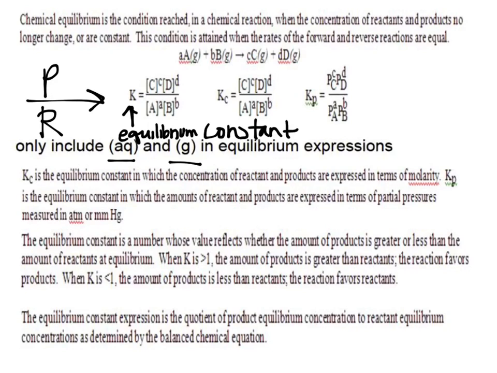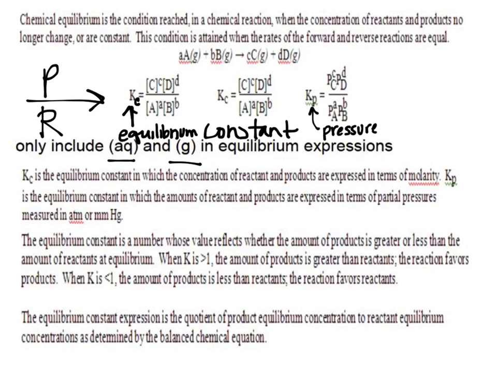So we're going to be talking about either concentrations or pressures. Usually if you just see K by itself, you're going to assume that it's Kc, which is concentration. Kp is for pressure. So products always over reactants.